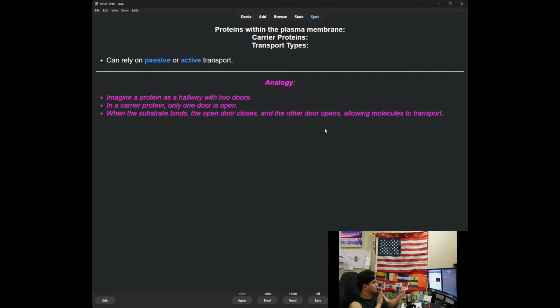In a carrier protein, wait, are we inside the hallway? Maybe. Okay, only one door is open. That's interesting. Path. Alright, transport.